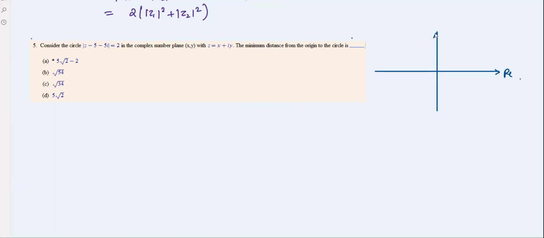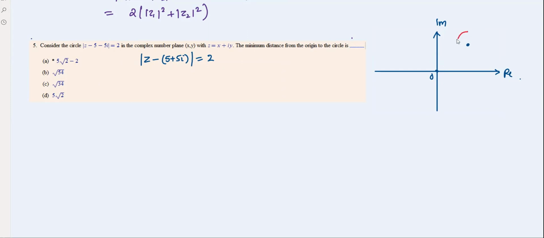This is real. This is imaginary. So this basically is mod of Z minus of 5 plus 5i. So this is the center and the radius is 2. So the center, this is origin 0, 0, and this is 5, 5, and the radius is 2.